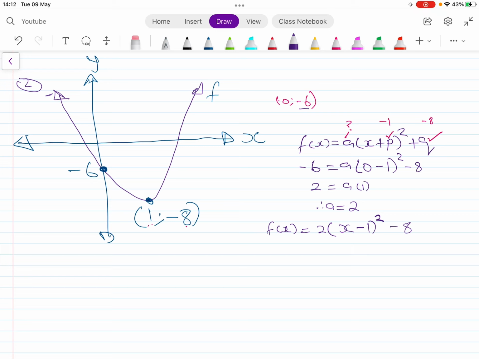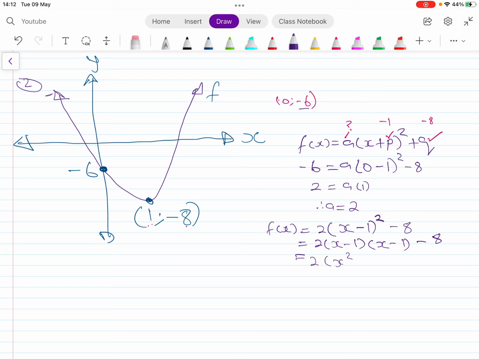Okay, and then now we just need to simplify this, and to simplify we're just going to expand these brackets basically. So from there we multiply out.